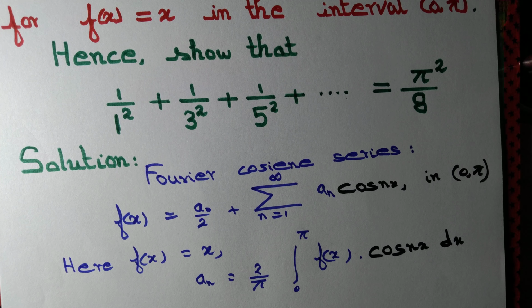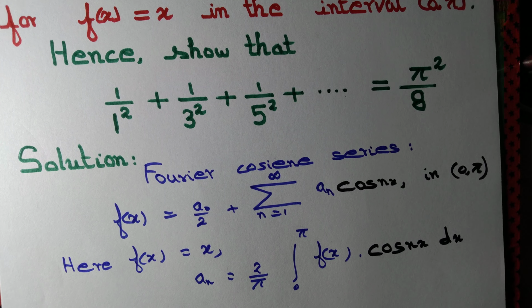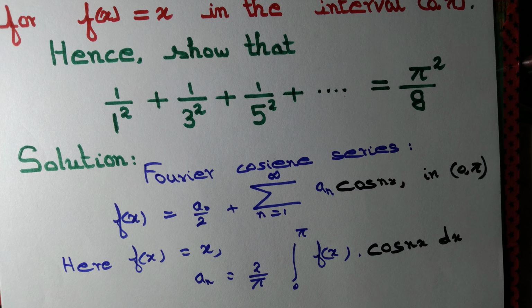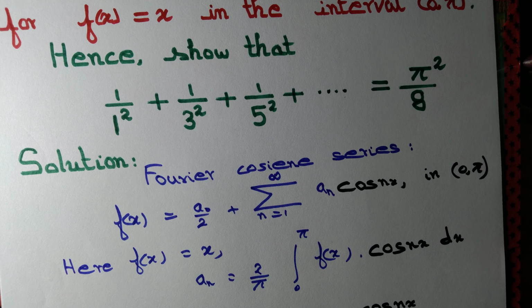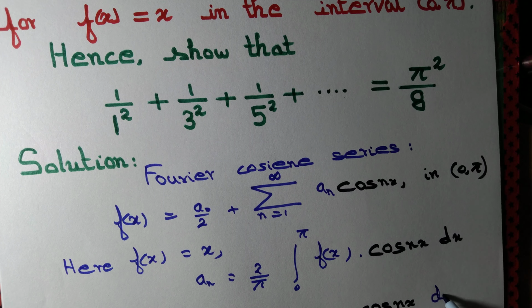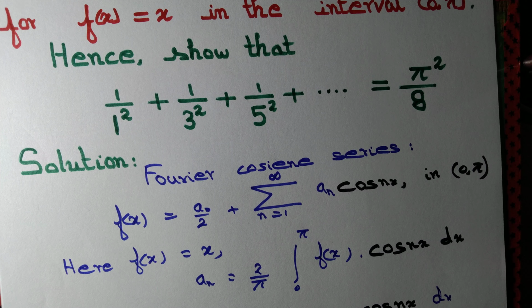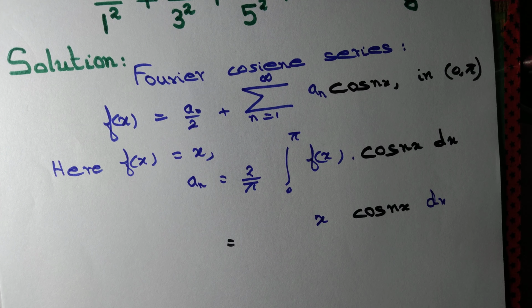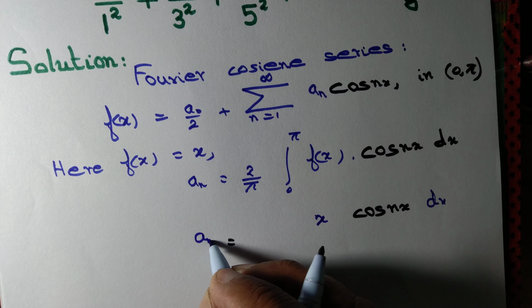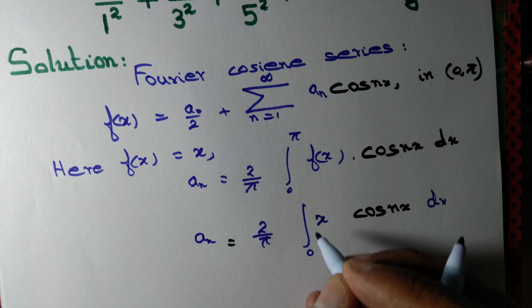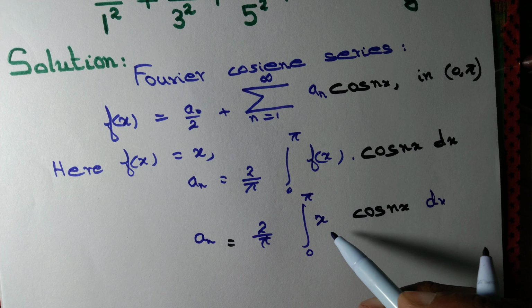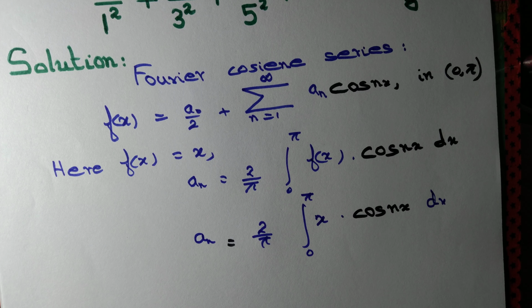So in this case, f(x) equals x, and cos nx as it is. So an is given by 2/pi integral 0 to pi, x into cos nx dx.